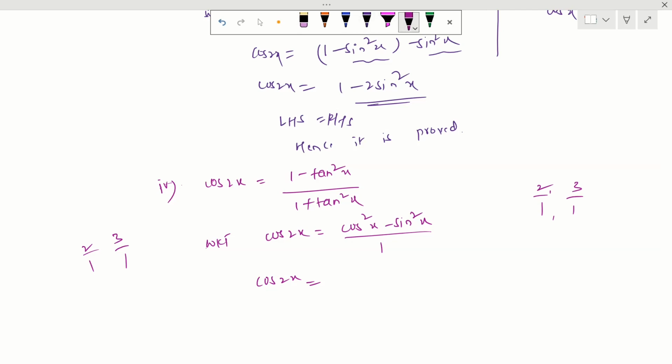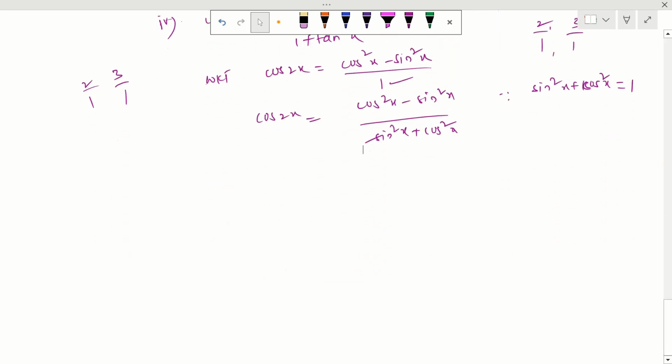Now cos square x minus sine square x. And the 1 is what? Sine square x plus cos square x is equal to 1. So we can write 1 as sine square x plus cos square x, right?